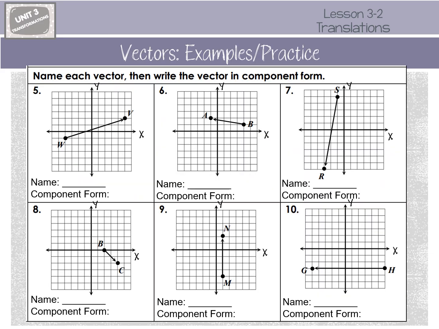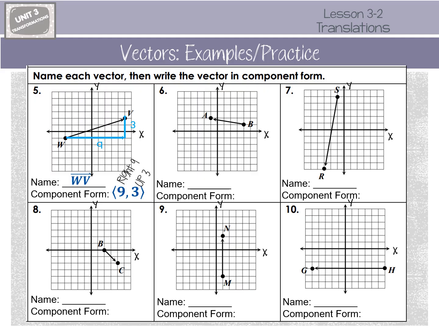Name each vector, then write the vector in component form. Number 5, that is vector WV, like West Virginia. Initial point W, terminal point V, so that's where it ends. The arrow shows us which direction we're going in. Component form, we're going right 9, up 3, so that is written this way.